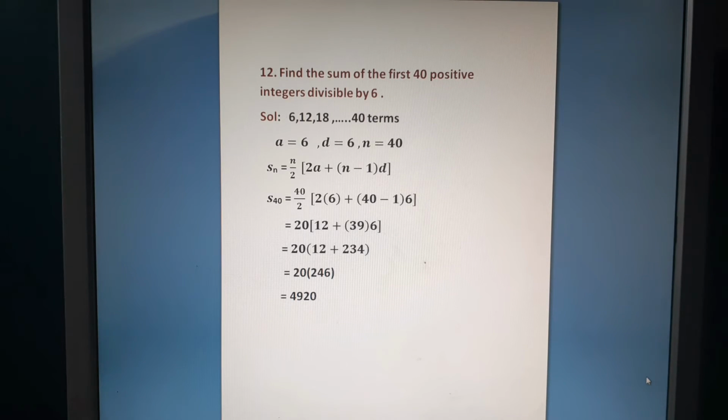Now 20 into (12 plus 234) is equal to 20 into 246, that is equal to 4920.